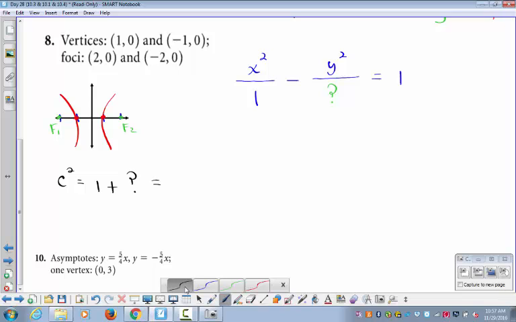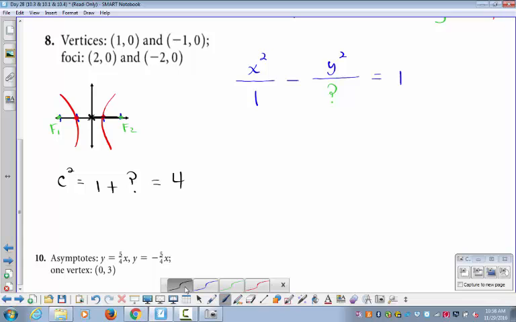And from the graph up here, it's also equal to 4, right? Because c is the distance from the center out to a focus, and that's 2 units. So it's 2 units from the center to a focus, which means c is 2, which means c squared is 4.